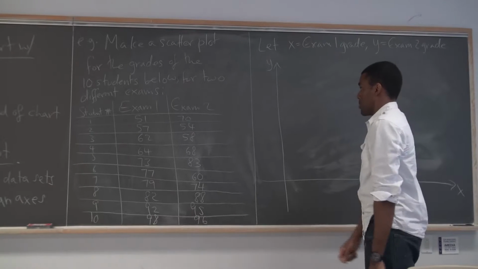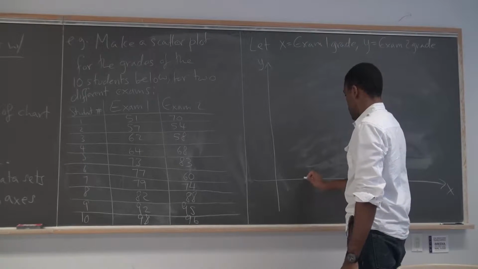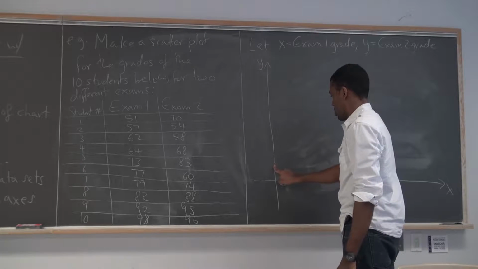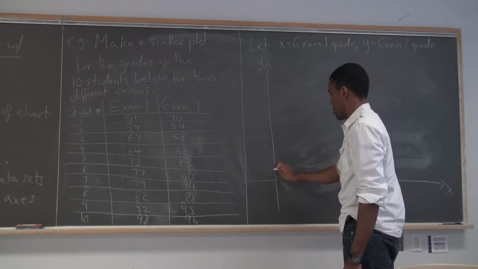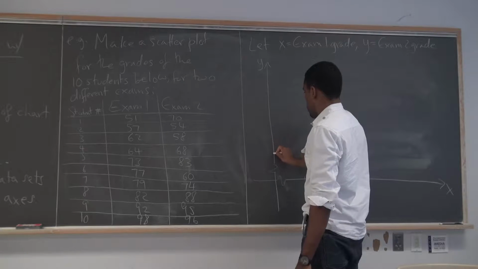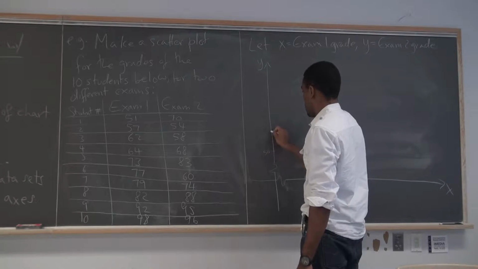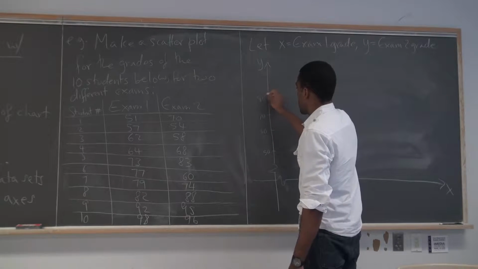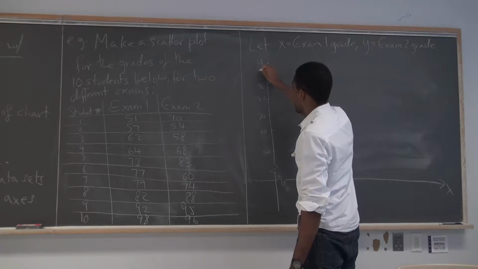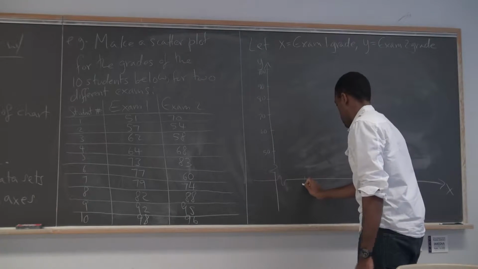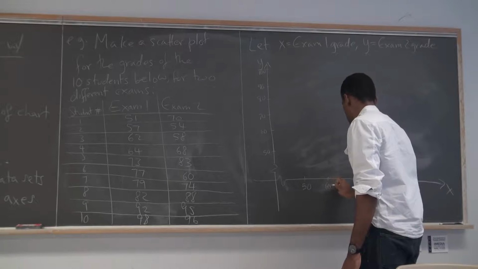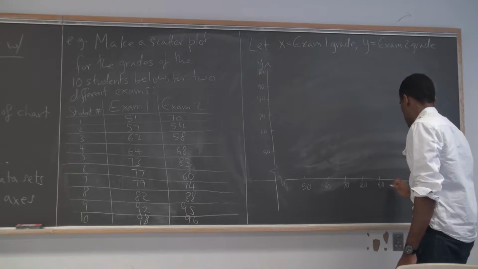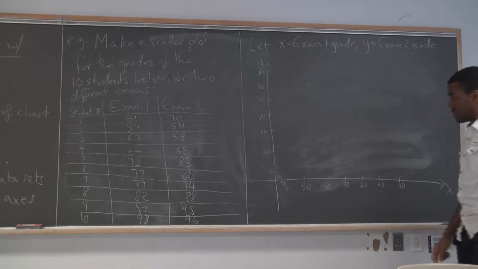So say I put 50 here, 60, 70, 80, 90, 100, and 50, 60, 70, 80, 90, 100.